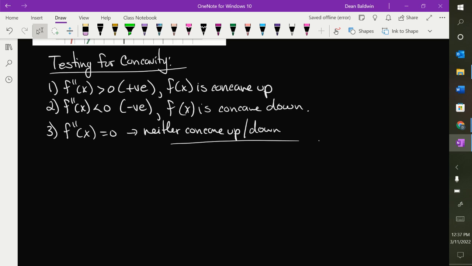How do you find where concavity is, like where do you define what points you're taking your concavity? So we're going to talk about points of inflection, or possible points of inflection.